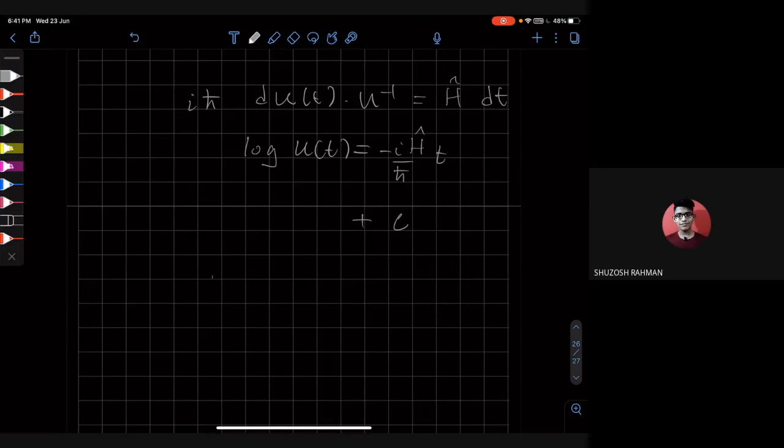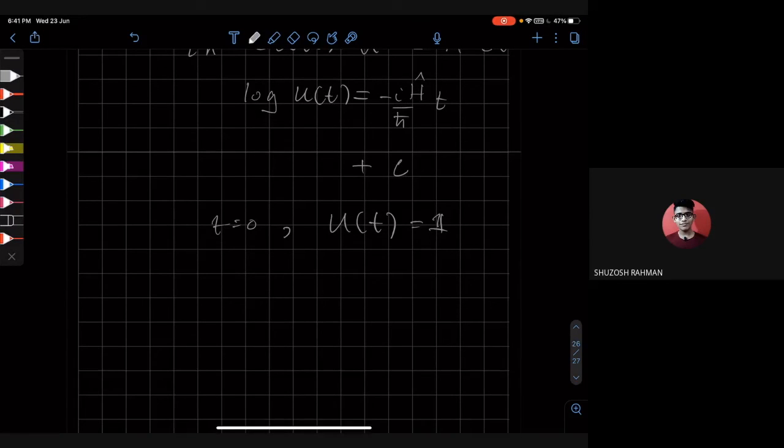You say that at t equals 0, your boundary condition should be that the unitary transformation is 1, so log of U of 0 is 0.